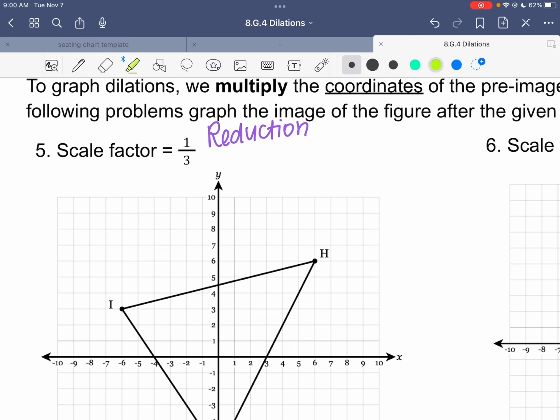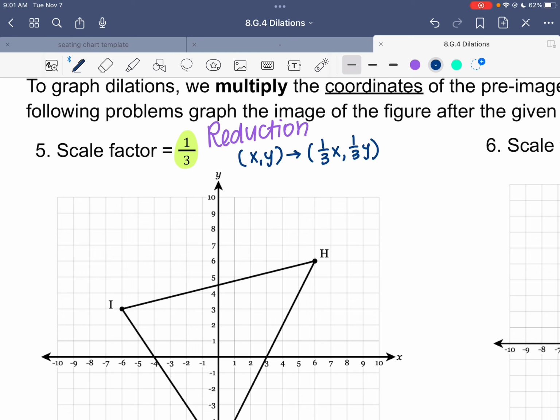Our scale factor for this problem is 1/3. So our coordinate rule is going to look like this. For every x and y coordinate in our pre-image, we're going to multiply x times 1/3 and multiply y times 1/3. So that is what our coordinate rule looks like for dilations.